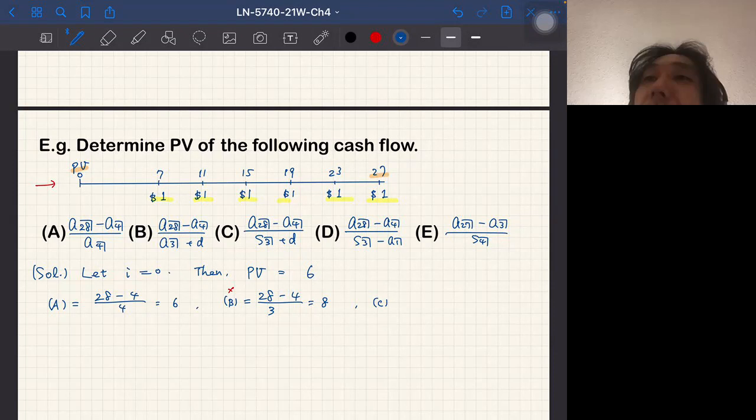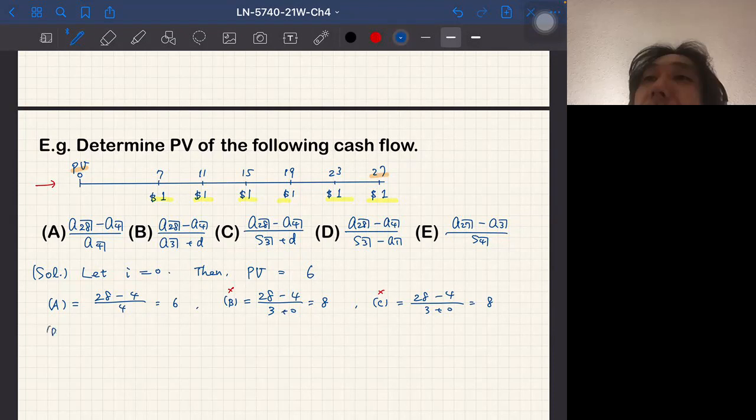So no chance that B holds for all i's. And how about C? C is 28 minus 4 over 3 plus 0, so this is again 8. So we can also cross out C. So B and C are not possible.